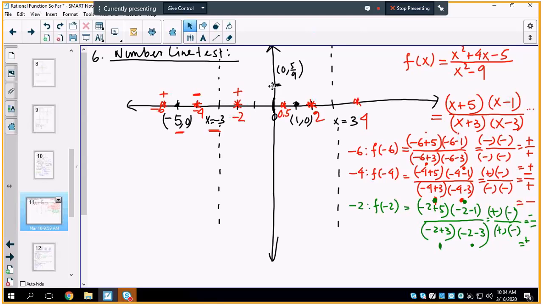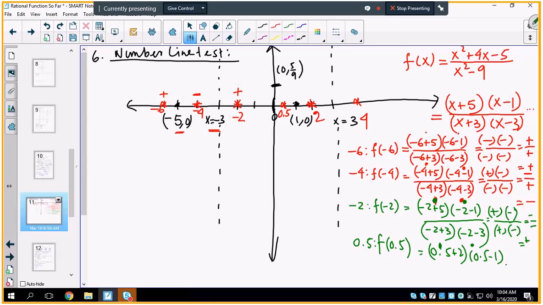Then I'm going to go ahead and try to do it for 0.5. So for 0.5 being the testing point, I will get f of 0.5 because I'm replacing x by 0.5. You'll get 0.5 plus 2, 0.5 minus 1 over 0.5 plus 3 and 0.5 minus 3.